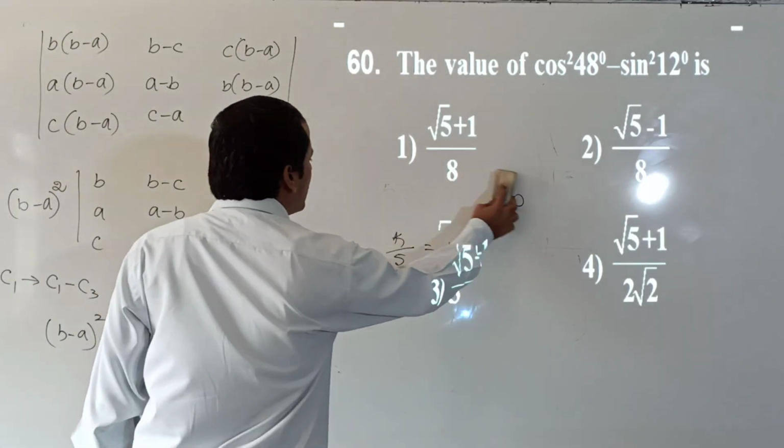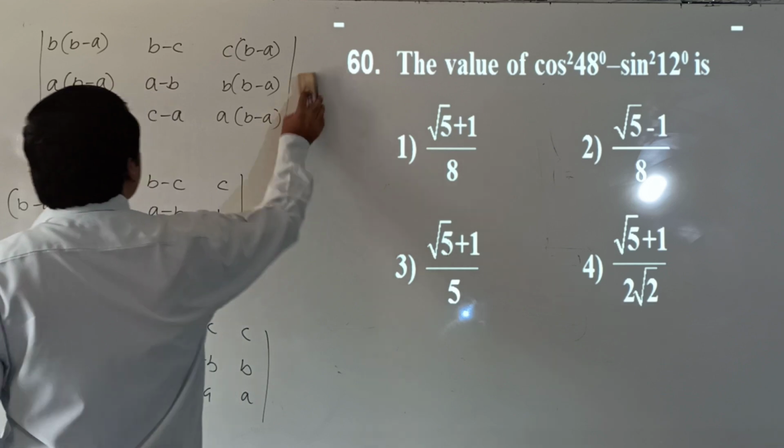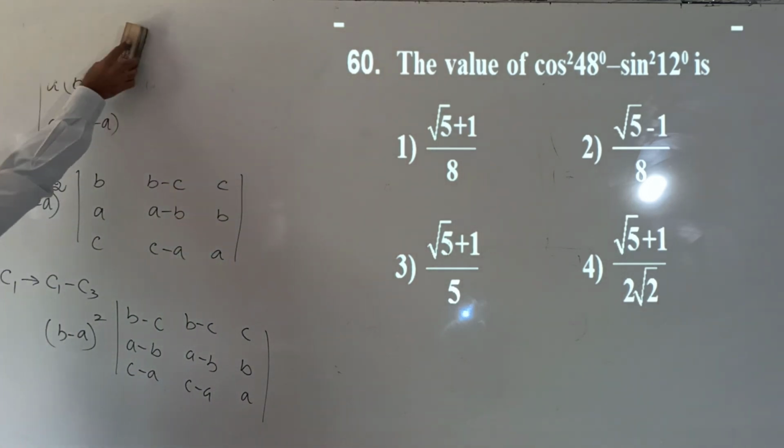The value of cos square 48 degree minus sin square 12 degree.